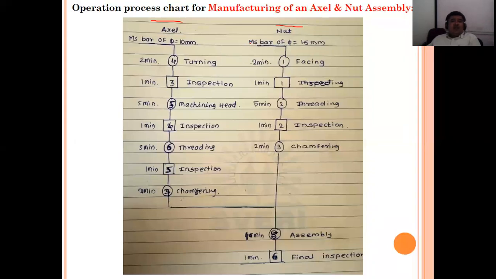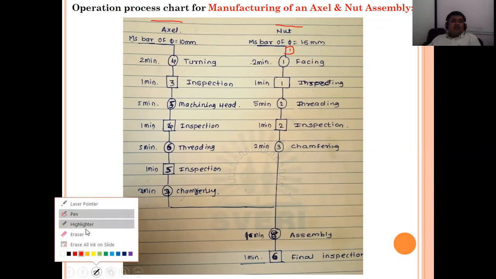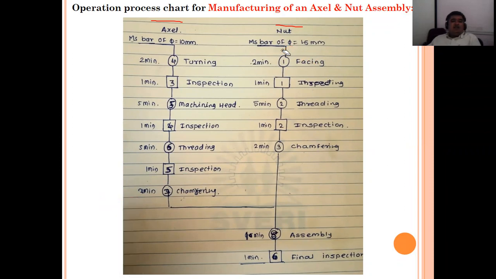So here, instead of this, if I write D, what does D indicate? D indicates delay. Delay for the first operation, that is facing. So like this the things are there, and it is represented in a very simple way.